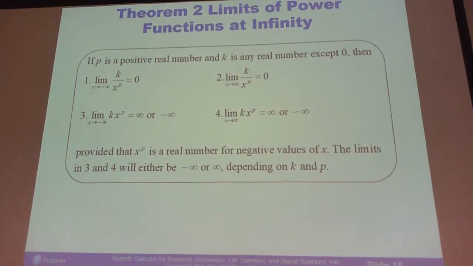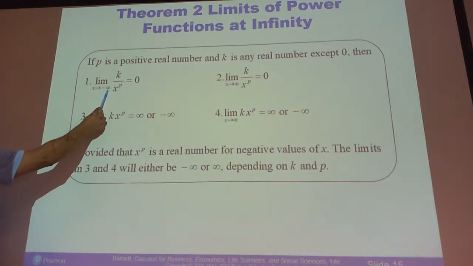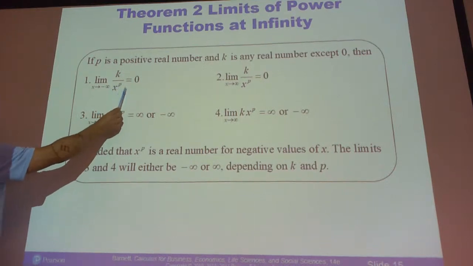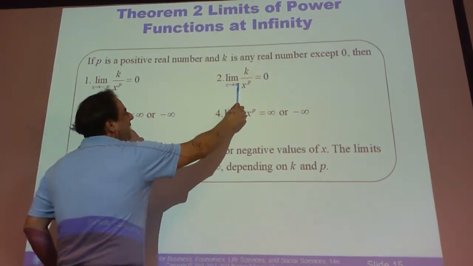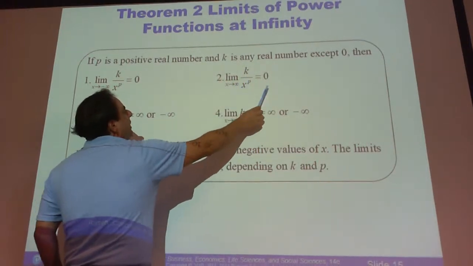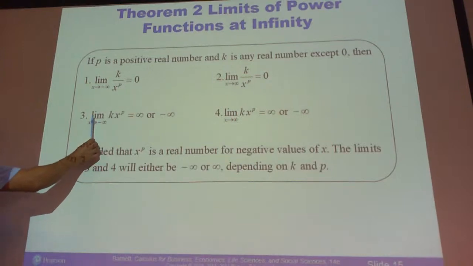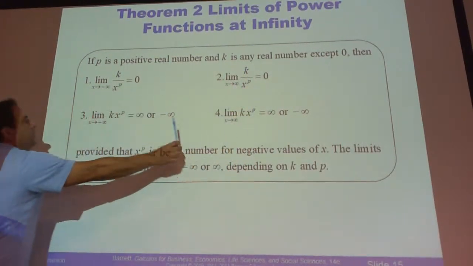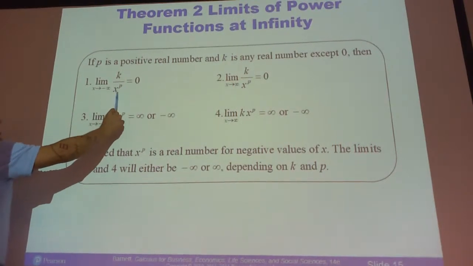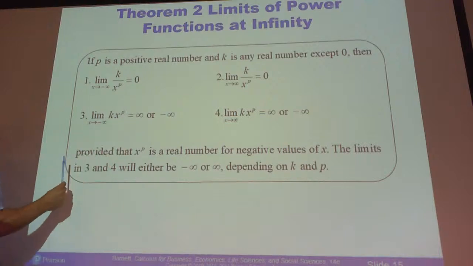If p is a positive real number and k is a real number except 0, then the limit as x approaches negative infinity of k over x to the p gives you 0. The limit as x approaches positive infinity of k over x to the p gives you 0. Okay? And a way to figure this out is if k is just a number, if you plug in a really large number, k divided by a really large number is going closer to 0.